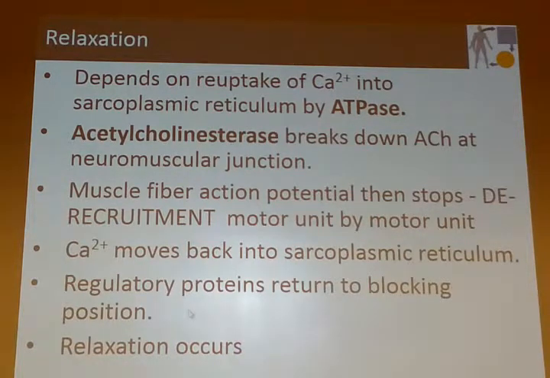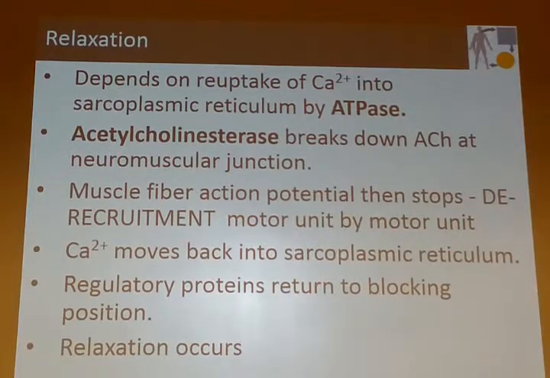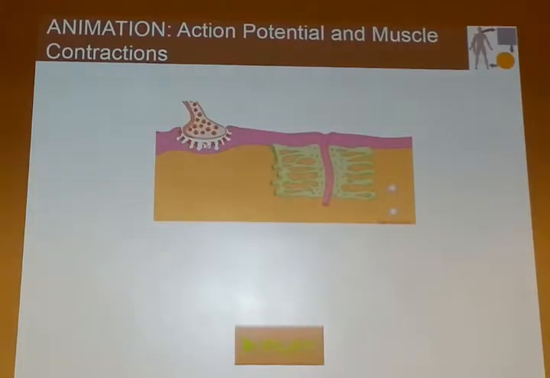So relaxation, you have to reuptake calcium. That is done by an ATPase, so you must have ATP present for that. Acetylcholinesterase is breaking down acetylcholine back at the neuromuscular junction.